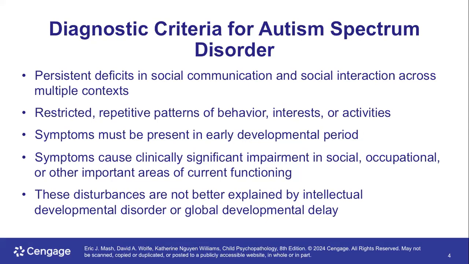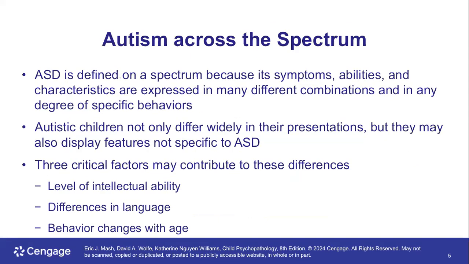Now, when we're diagnosing autism spectrum disorders, the disturbances that we talked about, the social communication and the repetitive patterns of behavior, the impairment has to be due to autism and not better explained by some global developmental delay or an intellectual disability. So when we talk about ASD, or autism spectrum disorder, there is a spectrum.